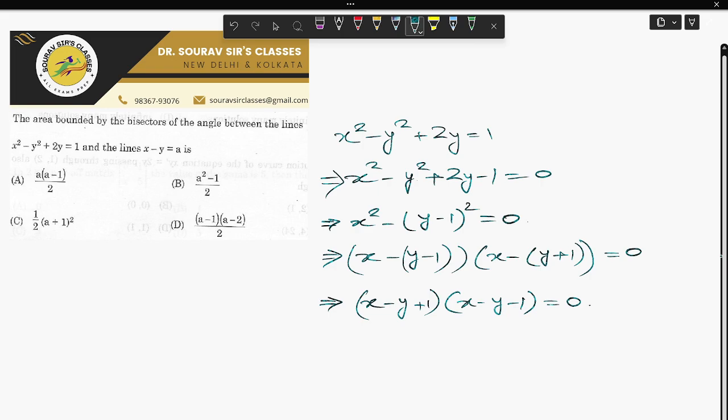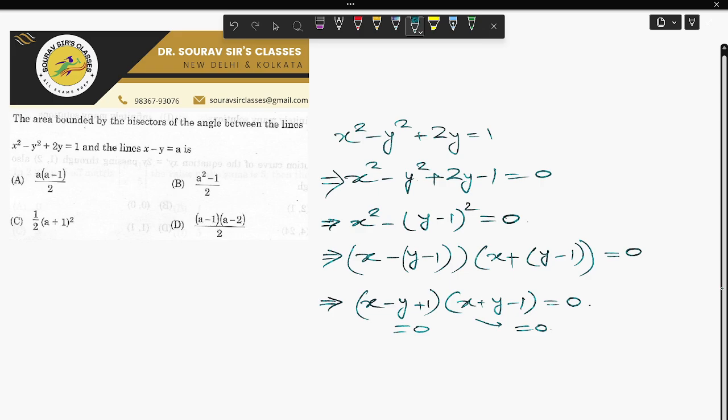So the given equation represents the pair of straight lines which are this and this. That means x minus y plus 1 equals 0, and x minus y minus 1 equals 0. Or rather, I have made some mistake, I think. Yes, that will be a minus, so we will get plus here, and this one is correct.